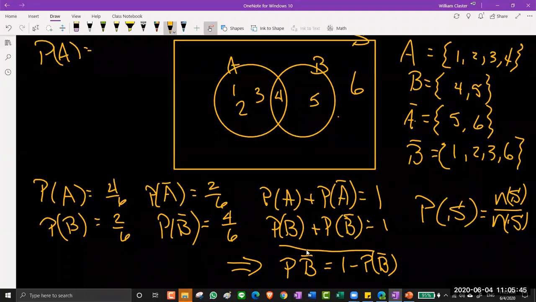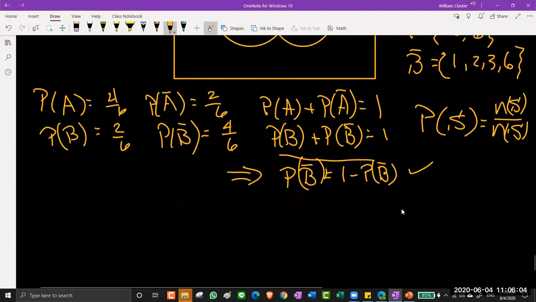All right, so that's a rule that we want to have. We have several rules, and this is one of them.